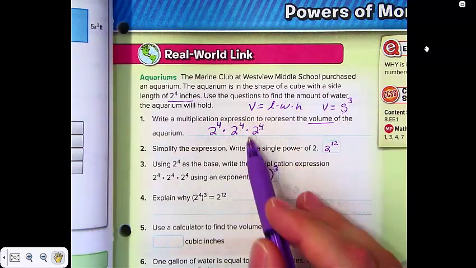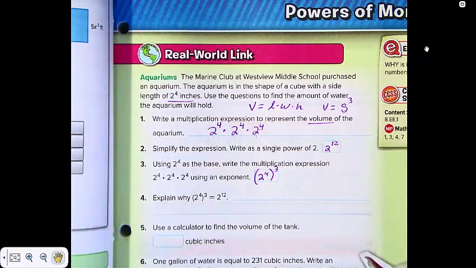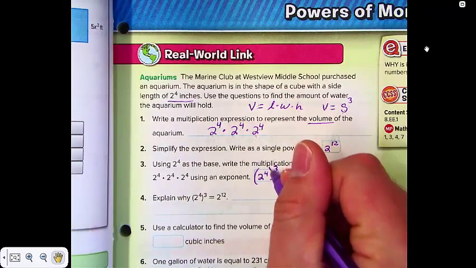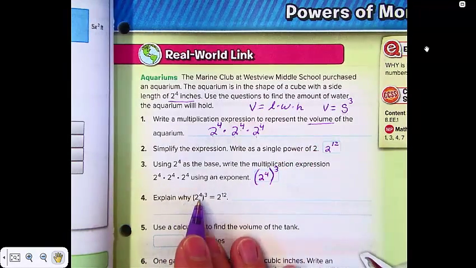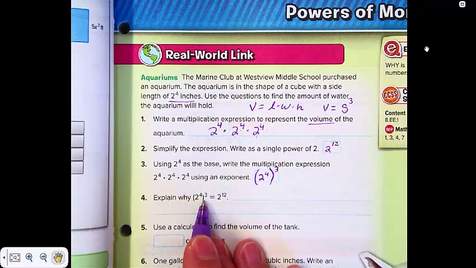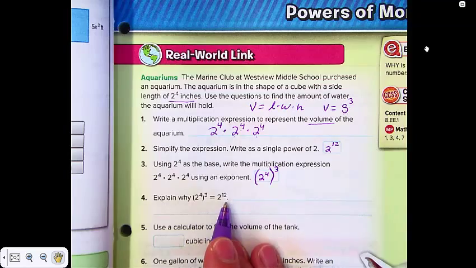So we have 2 different ways to write this, and the book is showing you both ways. Now, explain why 2 to the 4th, all raised to the 3rd power, equals this.